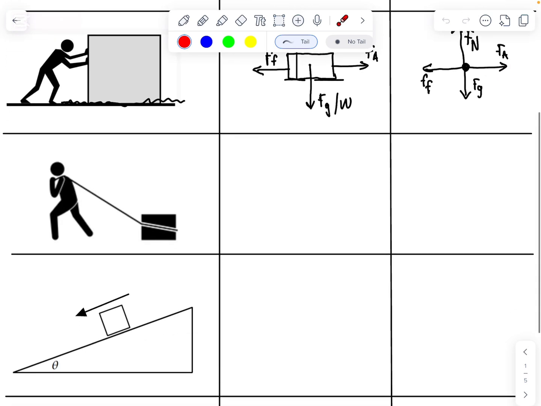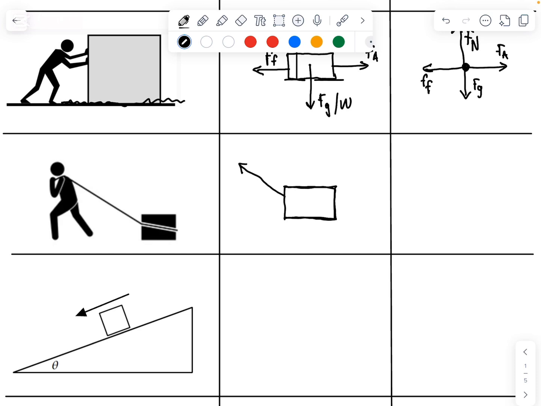Moving on to scenario number 3. So in this scenario, we are having a box again, and there's someone who is pulling the box to the left. Okay, so to sketch the force diagram, we're going to have this box here, and then we're going to have force applied.